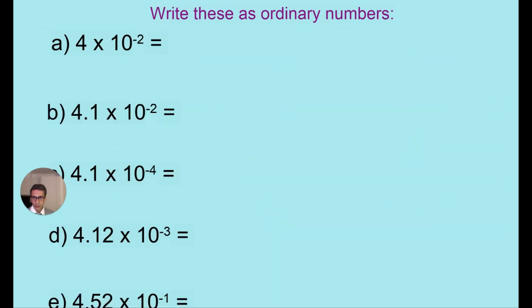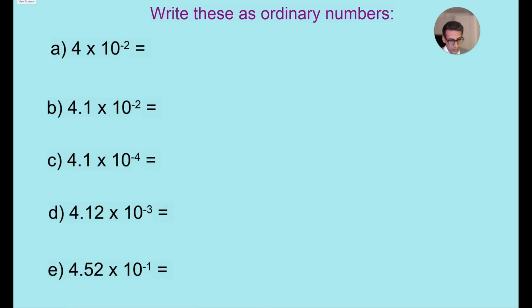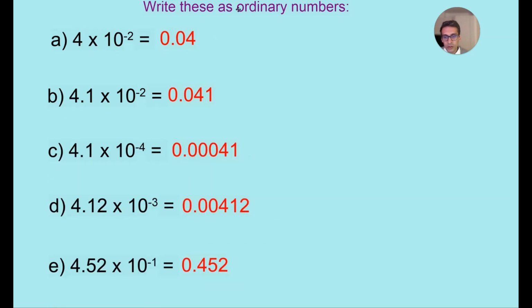Have a go with the following questions. Pause the video. You want to write these all as ordinary numbers. Okay, so your answers are appearing in 3, 2, 1. These are your answers. Check your work. Now, if you're confident with just moving the decimal place this many places to the right or to the left, then you can use that method as well.